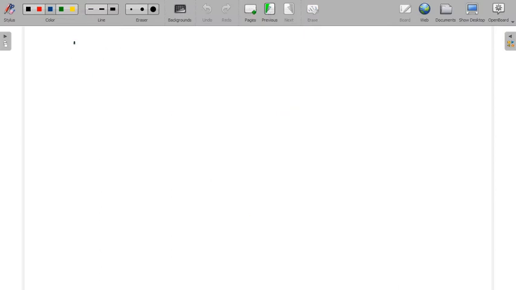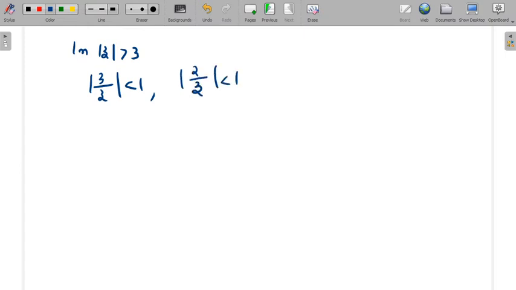So in mod z greater than 3, we get mod 3 by z is less than 1, and if mod 3 by z is less than 1, surely mod 2 by z will be less than 1.